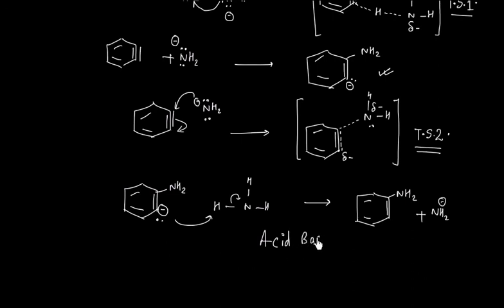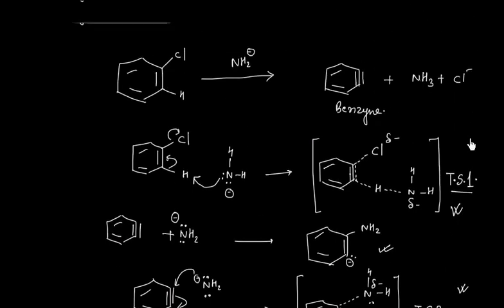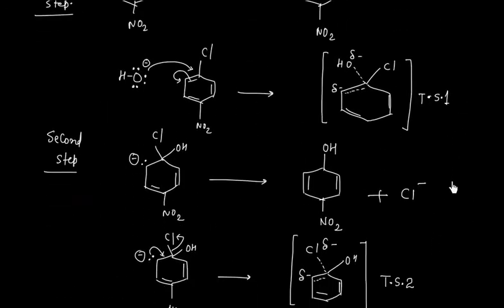So last step is acid-base reaction. So mainly we will have benzyne intermediate having two transition states. Even if I have other kinds of nucleophilic aromatic substitution, that also has two transition states.